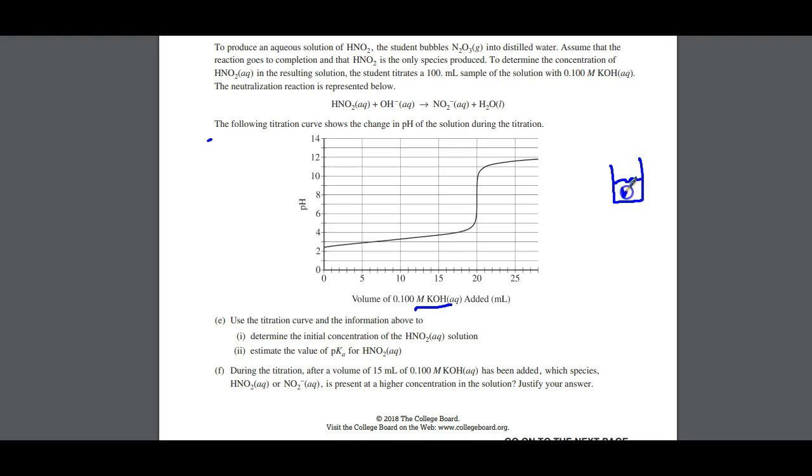Here we have a weak acid in our beaker, and it said we had 100 milliliters of this. So that's 0.1 liters. This is our weak acid HA, always just a good general representation. We're going to be dropping in OH minus. What molarity? 0.100 molarity.